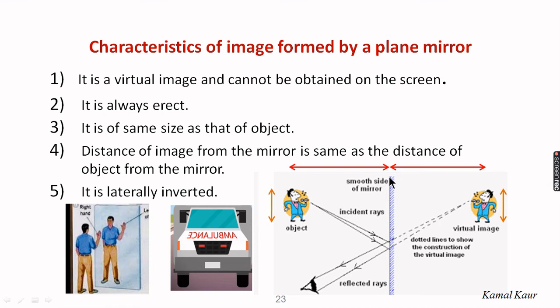Another important characteristic of this image in a plane mirror is it is laterally inverted, which means that if you stand in front of the mirror and lift your right hand, your image will lift its left hand. You may also have noticed that on an ambulance, the word is written in the laterally inverted form, so that if somebody is seeing from the rear view mirror of his vehicle, he will perceive it in the normal form.